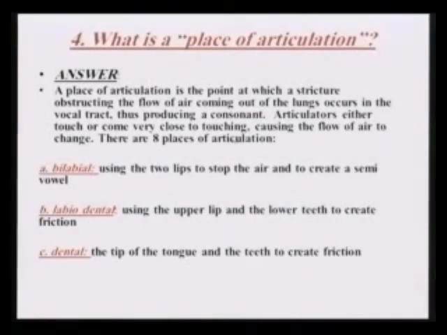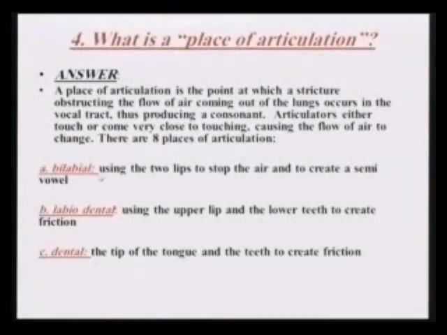No stricture, there's a vowel. على طول كده. والفرق بين الفاول والكونسونانت هو في الستركتشر ده. Articulators either touch or come very close to touching, causing the flow of air to change. There are 8 places of articulation. 8 مواضع بيحصل عندها الستركتشر ده.